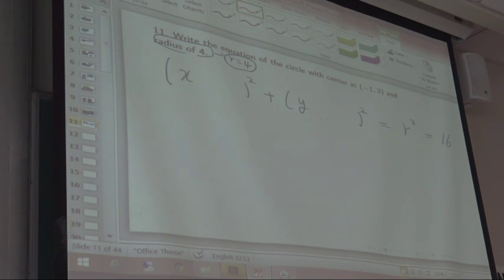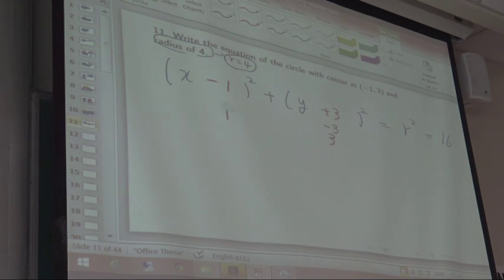And the center is negative 1 and 3. So do we have to put the negative 1 and the plus 3 here, or do we have to put the positive 1 and negative 3 here? We have to set this equal to 0, and the solution is negative 1.